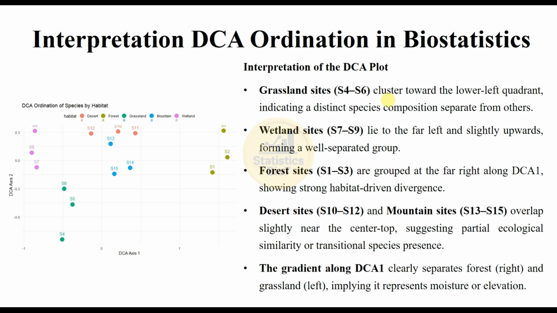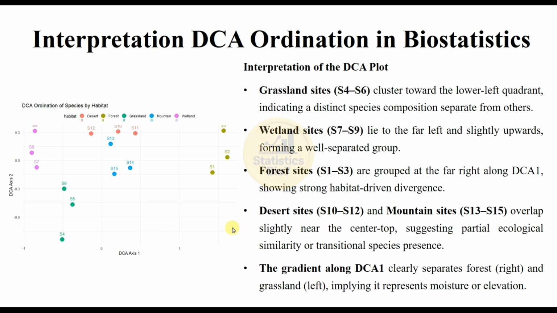The forest sites S1 to S3 group at the far right along DCA1, showing strong habitat-driven divergence. The desert sites S10 to S12 and mountain sites S13 to S15 overlap slightly near the center top, suggesting potential ecological similarity or transitional species presence.